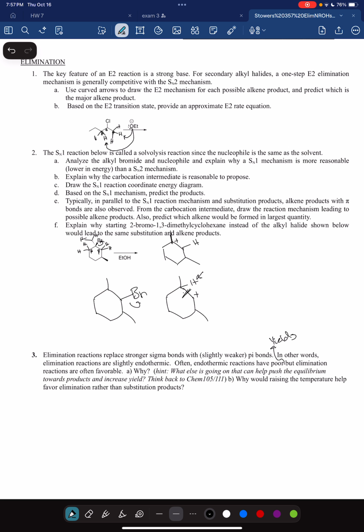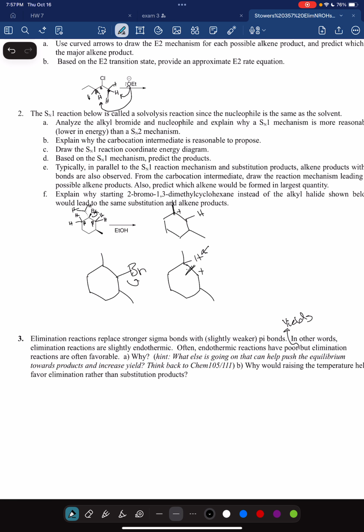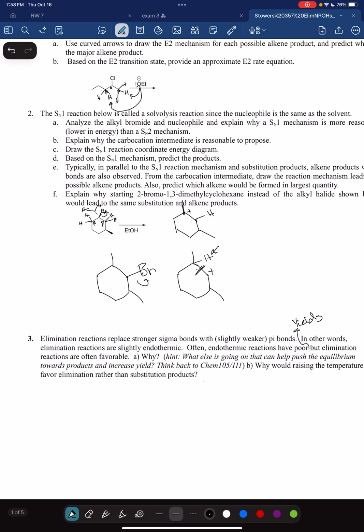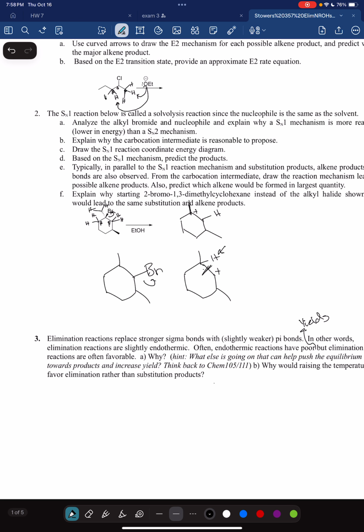Okay, I think the best thing to think about with this is that what's going to make a reaction spontaneous and favorable is if Gibbs free energy is negative.